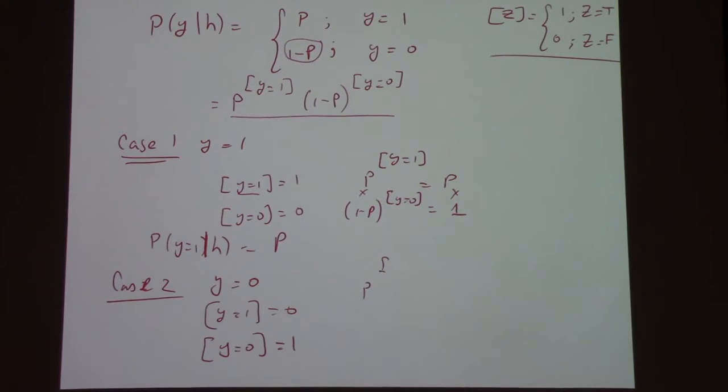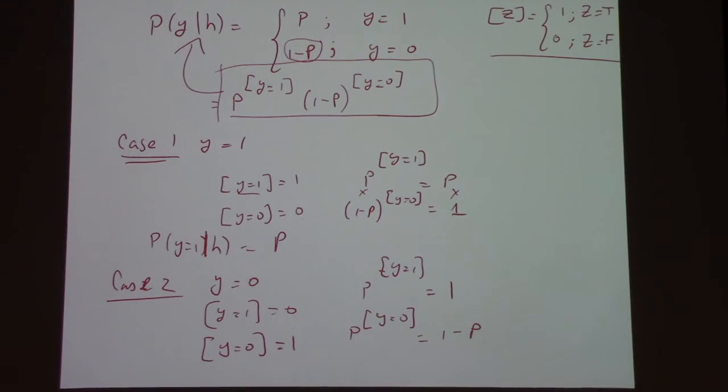P power 0 is 1, and 1 minus P power 1 is 1 minus P. I take the product of those two things, and you get 1 minus P. So this term here is just a compact way of writing this condition. You have this branched definition, and using indicators is just a compact way of writing the same multi-term definition.